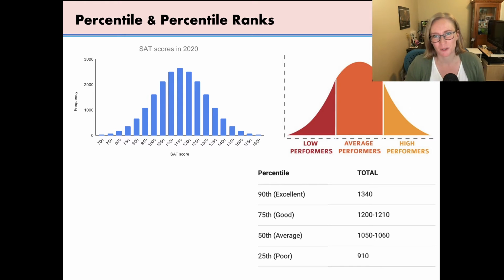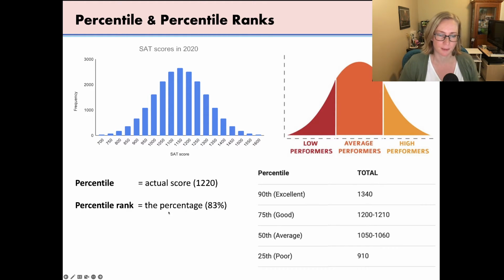If you take the GRE, if you're going to take the MCAT, the score that you get is often sent back along with a percentile or a percentile rank, right? So just to be clear, because I might have said that backwards just now, your percentile is your actual score, right? If you scored like 1200, 1300 on the SAT, that was your score.